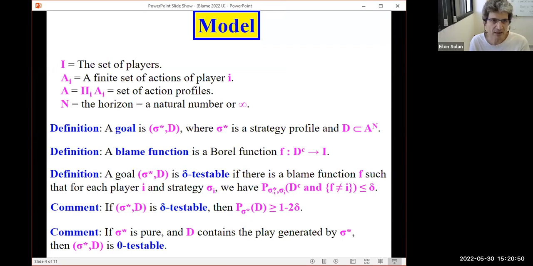So this result can be used to construct equilibria in repeated games with general payoff functions. And this is actually the application that called for this study, this project. It originated from the study of equilibria in general repeated games.